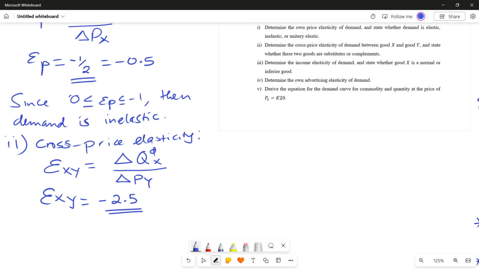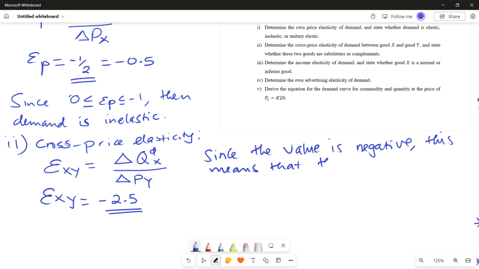Okay, so since the value is negative, this means that the two goods are complements.